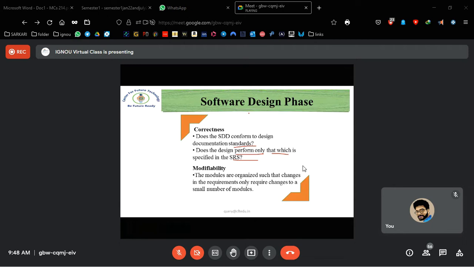So while making the software design document, leave room for adding new components into that design document. This is an important characteristic of each design, that we leave room for modification of any aspect of the software. The modules are organized such that changes in the requirements only require changes to a small number of modules.